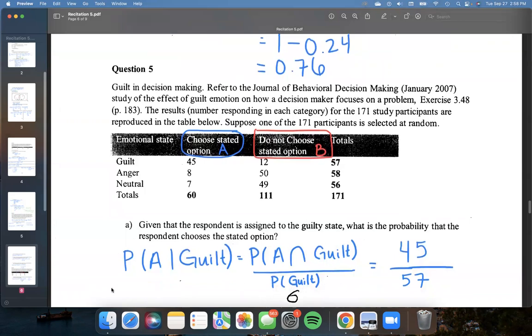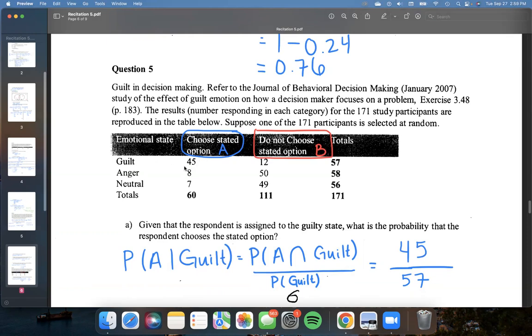How I got this was one of the properties written above. So then to compute this part, let's just look at the numerator first. The probability of A intersect guilt would be, okay, we're in the A column, and then we need to look at the guilt row.